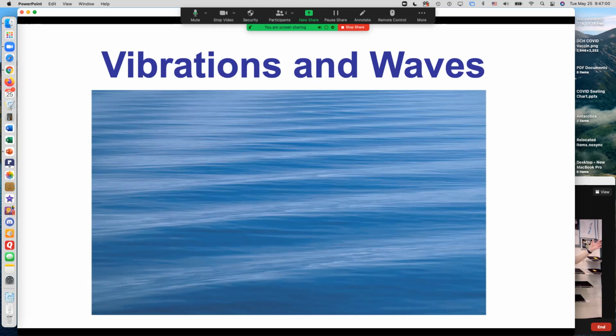Very large differences. If we want to get down to the subatomic level, or even the atomic level, and we want to look at things like electrons, the only real way to look at electrons in an atom is using waves and our understanding of waves.